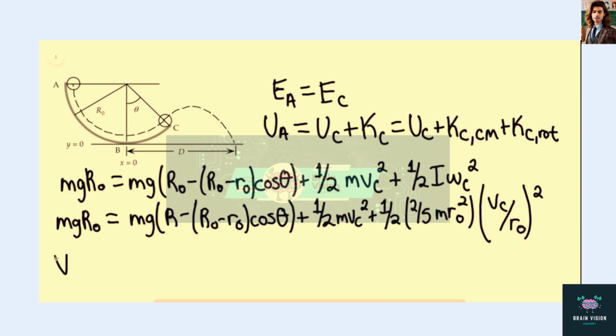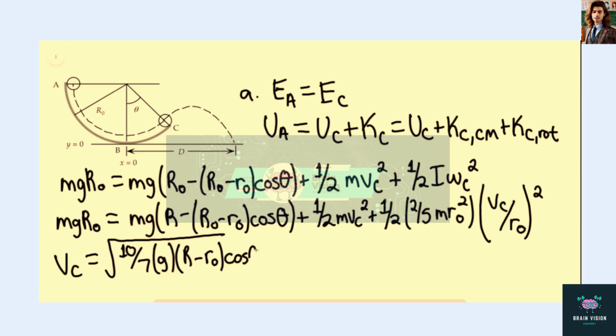And so we find that the velocity at C for part A equals the square root of 10/7 multiplied by g times (R, the radius of the curve, minus r, the radius of the sphere) cosine of theta.